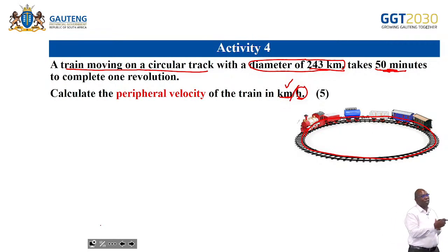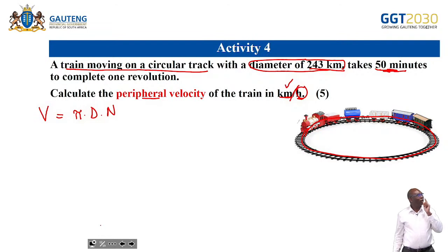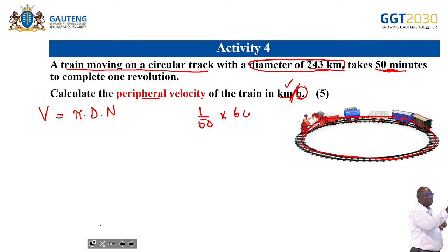For me to change that, remember I need a peripheral velocity, for which the formula is V equals pi multiplied by D multiplied by N. So I need the number of revolutions there. What should I do here? Because it's 1 revolution in 50 minutes, it will be 1 over 50, and I must multiply this by 60.